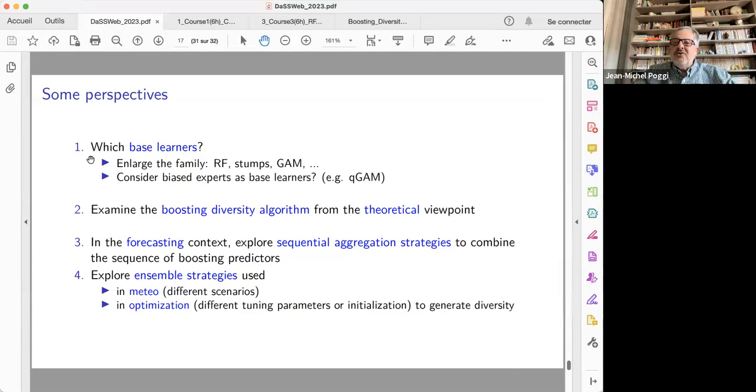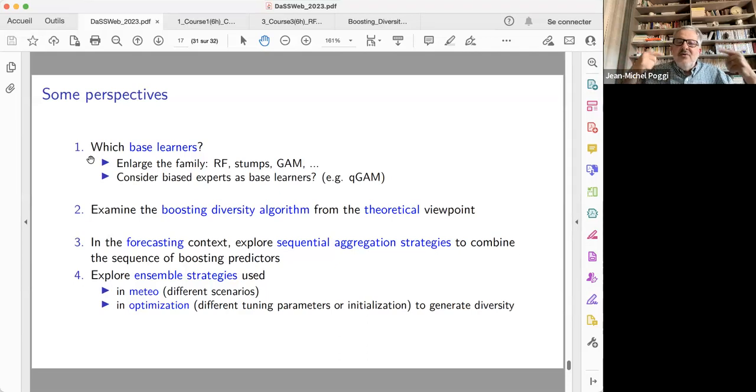So in general, when you combine methods, you can use a convex combination of methods if you use predictors which are all unbiased.